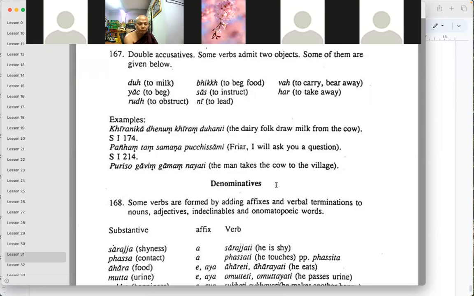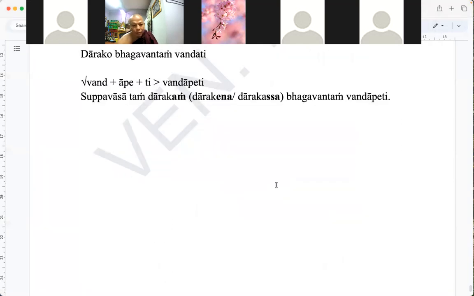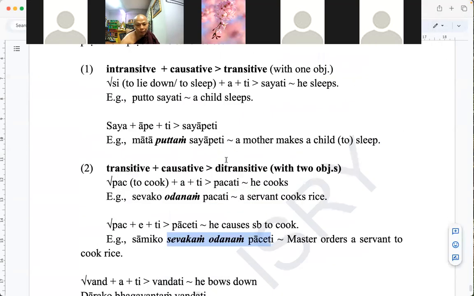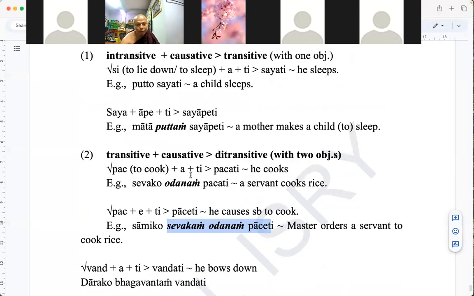Let's say it's not bowing down to the Bhagava, but to another person. Then which one is the doer, and which one is the object? The object is the doer actually. In this example you see, Sāmiko sūvakaṃ odanaṃ pacāpeti. Sūvaka is the cook actually.